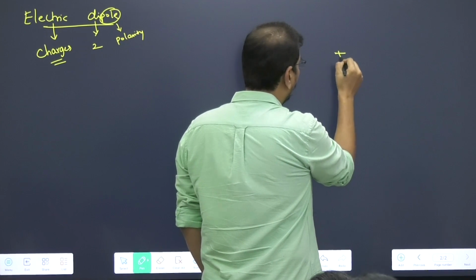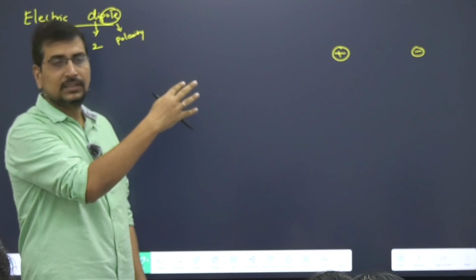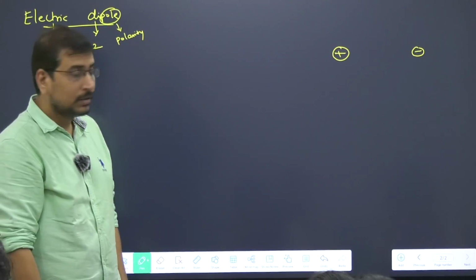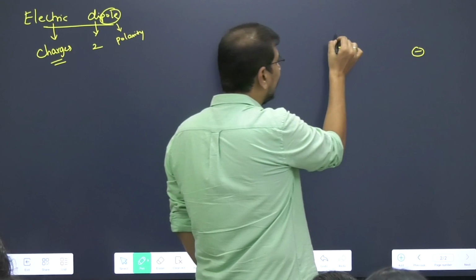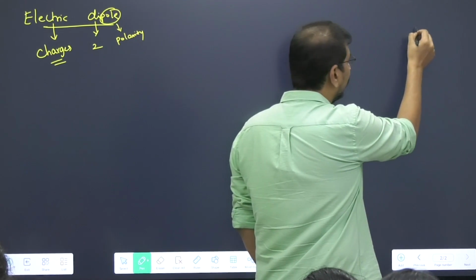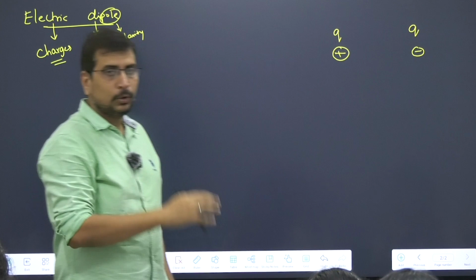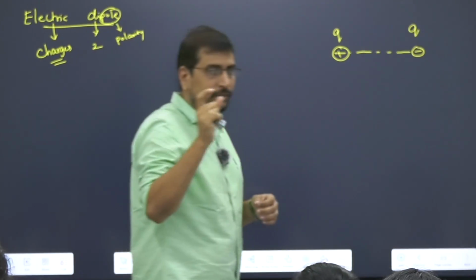So if you are able to define a system which has a positive and a negative charge, in the sense the nature of the charges is opposite, but the magnitude of the charges is the same, meaning if the magnitude of the positive charge is q, the magnitude of the negative charge is also going to be q only. If we are able to define this kind of a system where these two charges are separated by a very small distance.